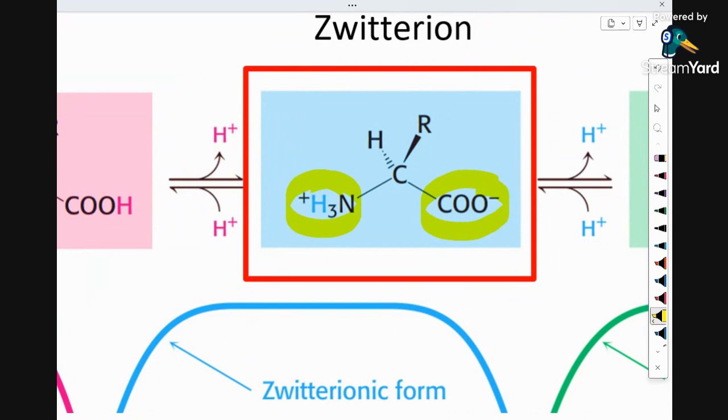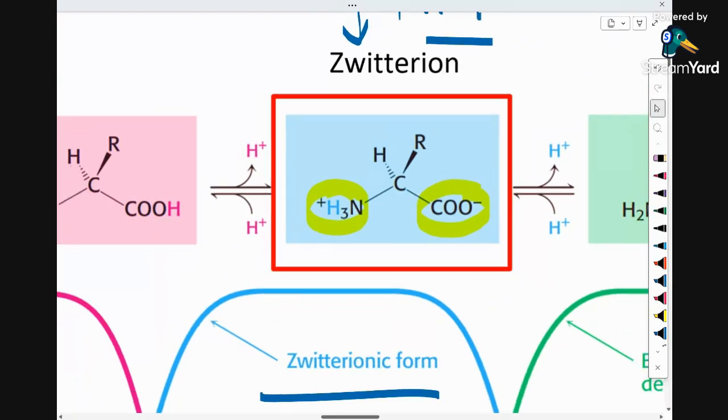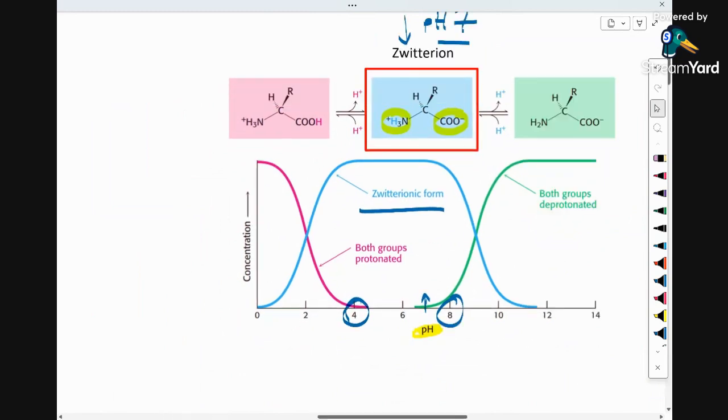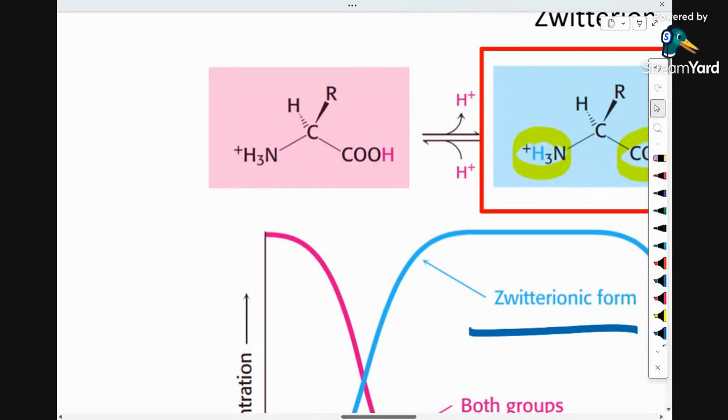which is where we have both the deprotonated form on the carboxylic acid and the protonated amino group. Now, as we decrease the pH, this increases the concentration of protons in the solution. And that's shown here.